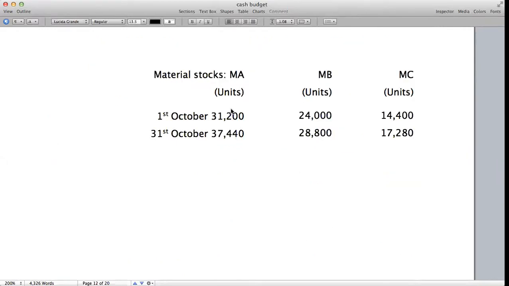Okay, so we have the material stock, MA, MB. So that's the material usage. The material usage.